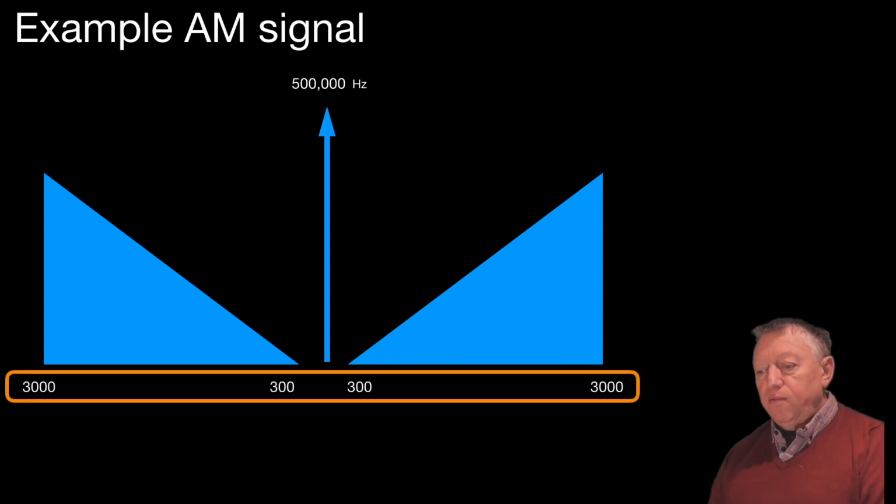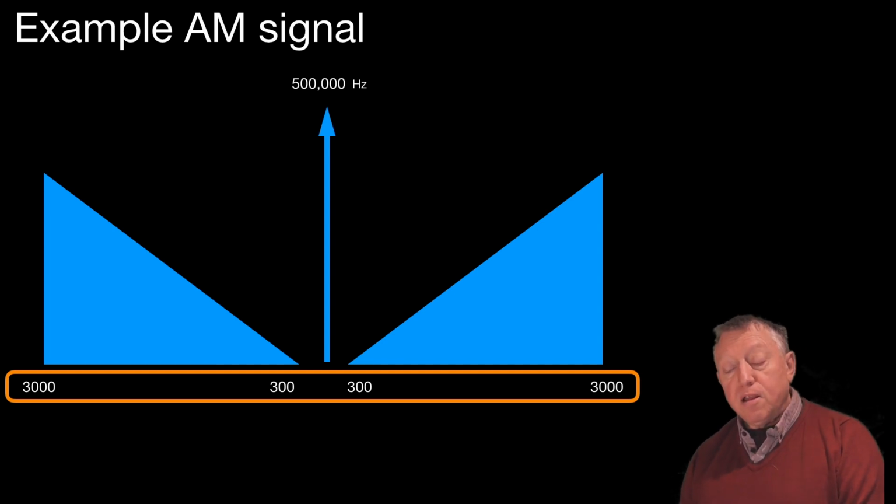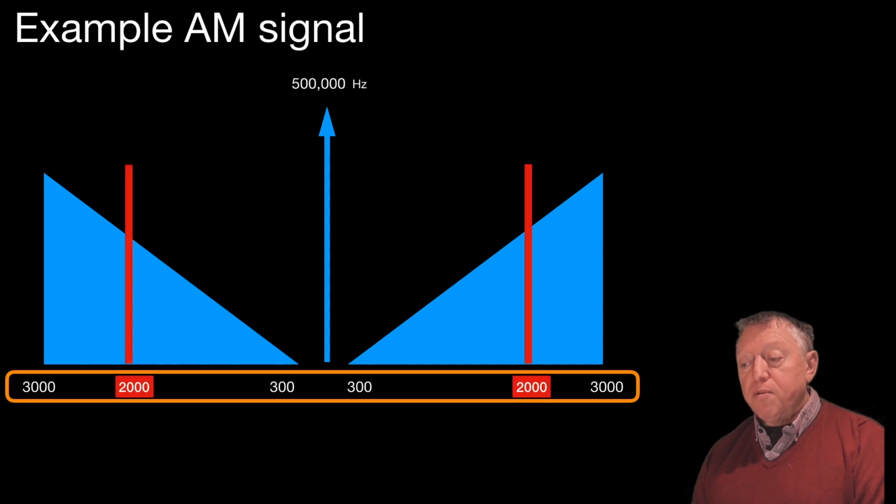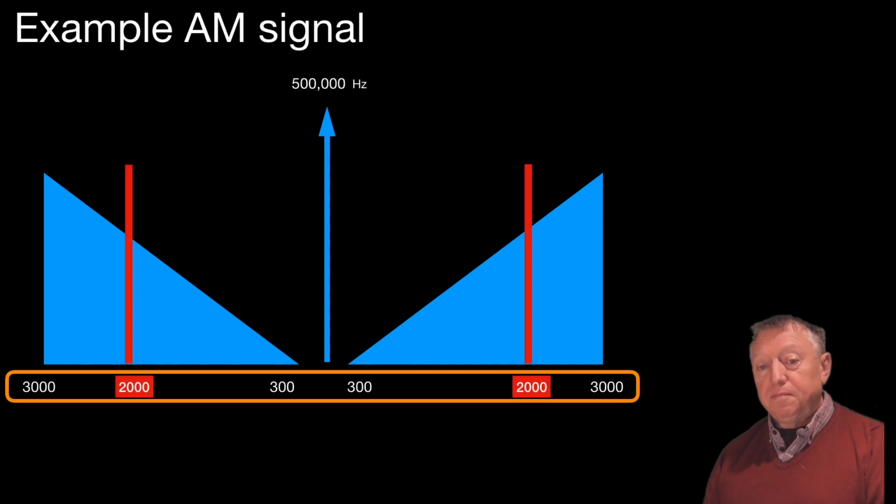And if we looked at the audio waveforms, you can see that the top or erect sideband goes between 300 and 3000 Hertz, and the bottom one between 300 and 3000 Hertz, but that is inverted. If you had a single tone being transmitted, perhaps at 2 kilohertz, you might represent it like that. So that's an example of using that notation for an AM signal.